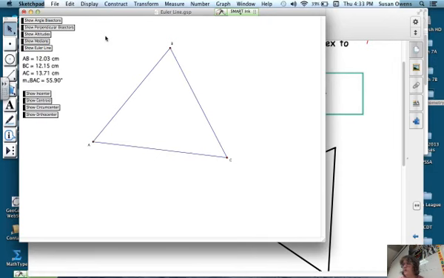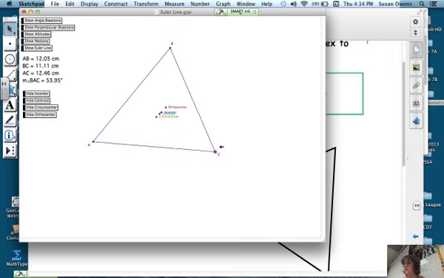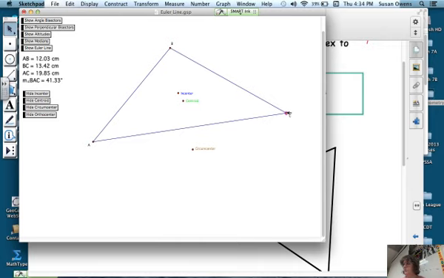The last thing I want to show you is a special property of three of the concurrency points. Down here I'm going to turn on all four of the points. So I have the circumcenter, the centroid, the incenter, and the orthocenter. And I want to move the triangle around. A couple of things to notice: as I move these around, two of them always stay inside, the incenter and the centroid.